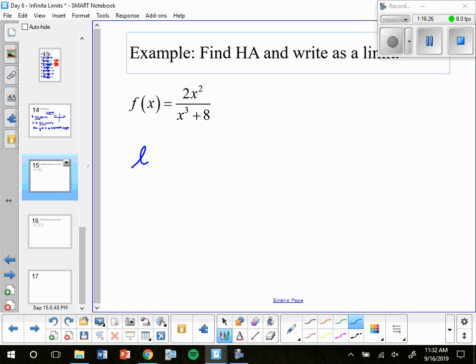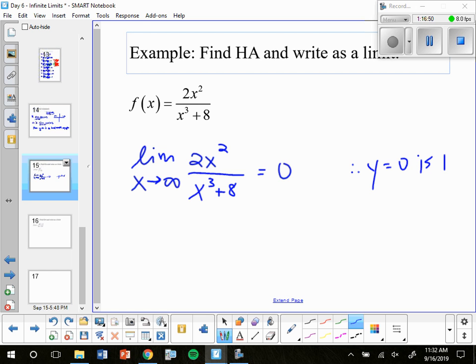So I'm going to look at the limit as x goes to infinity of 2x squared over x cubed plus 8. What's bigger, the top or the bottom? So what is this going to? 0. Therefore, because that limit is going to 0, what is my horizontal asymptote? Y equals 0.